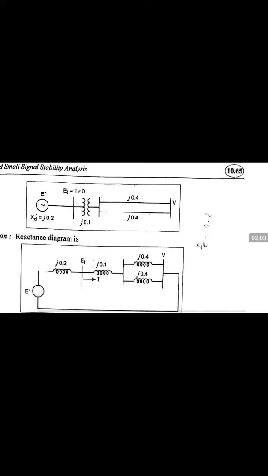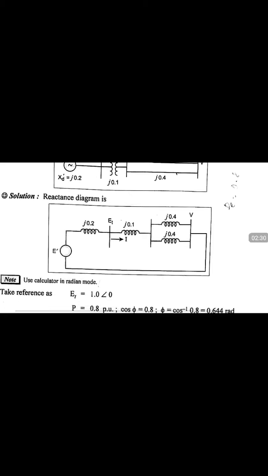So here we have a generator. The generator transient reactance is given, that is Xd dash equal to j0.2, and the terminal voltage of the generator is given as 1 at angle 0. The transformer reactance j0.1 is given, the transmission line j0.4 is given, and the voltage V is given. Based on the single line diagram, we may draw a reactance diagram.